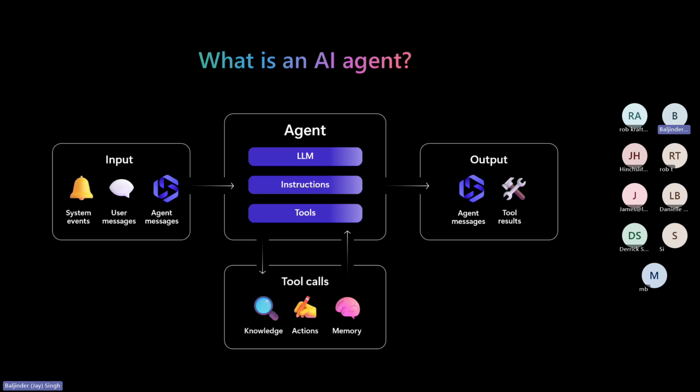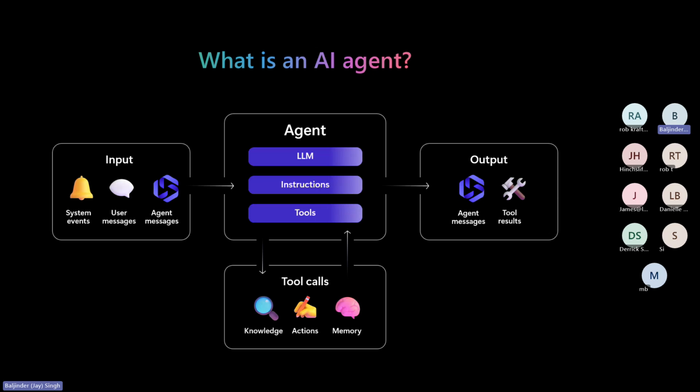And then in the middle, you see the agent itself. An agent is made of three things working together, as you see here. The LLM is the reasoning engine. It understands intent, plans steps, and decides what to do next. And then instructions define an agent's role, its goals, boundaries, and behaviors. And this is why the agent behaves consistently.